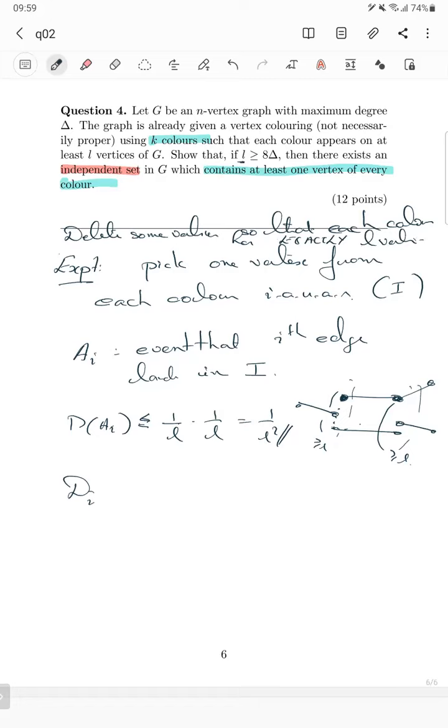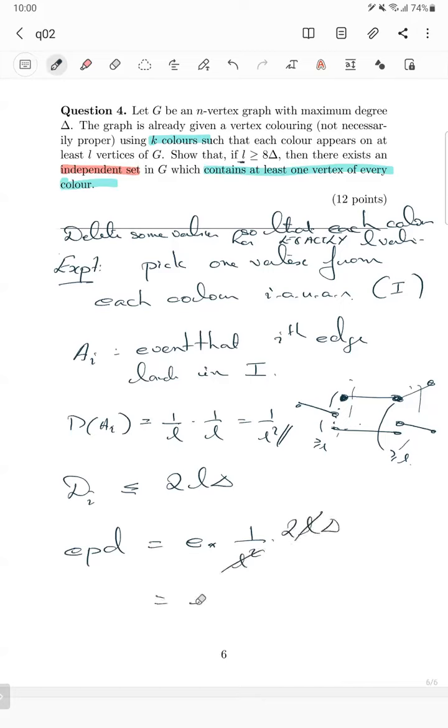Otherwise, I think when I come here, I will need the wrong kind of inequality, which means this is equal to... Okay. So the dependency graph is now at most twice L delta. I mean, we can save a delta minus 1 or something, but it is at most 2L delta. So your EPD will be like E times 1 by L squared times 2L delta.